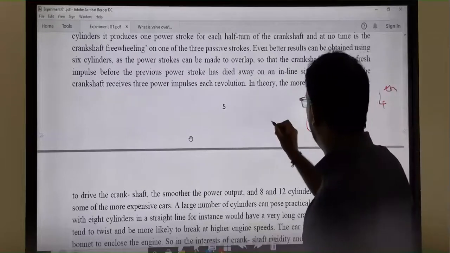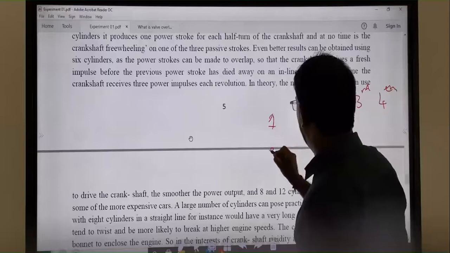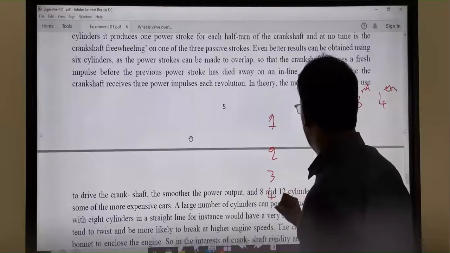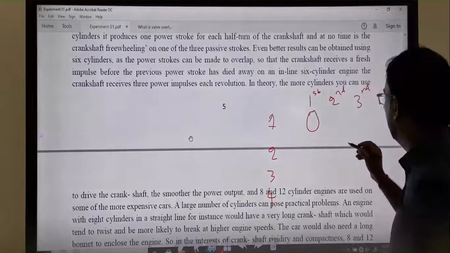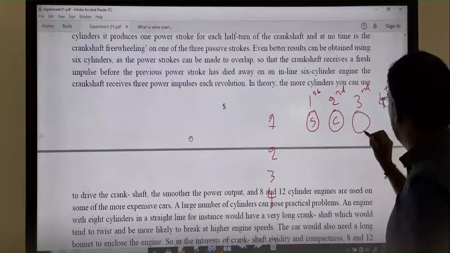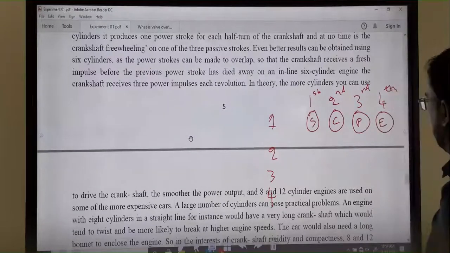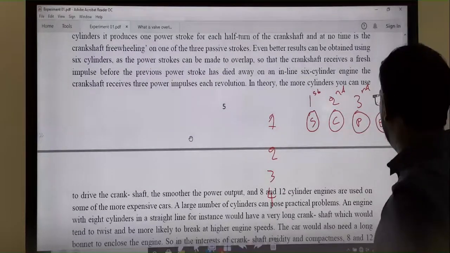This is one cylinder, this is second, this is third, this is fourth. First, suction, compression, power, exhaust.